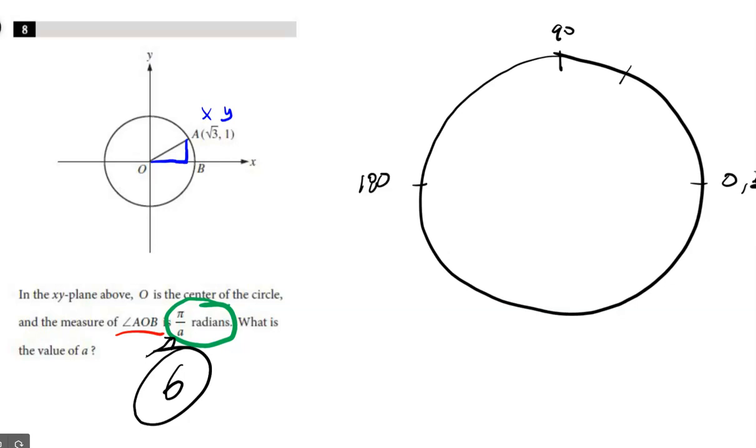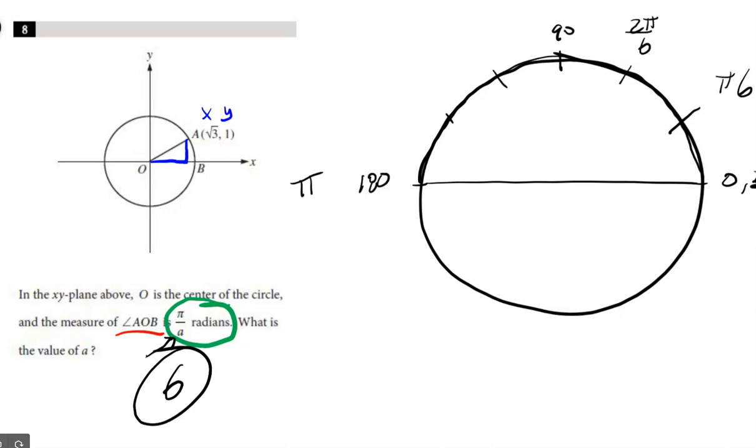And if you break those down a little bit more, if this is pi, then just this top part of the circle, from here to here, is pi radians. So this is 1/6 of a pi. That's pi over 6. This would be 2 pi over 6, or pi over 3, a third of a pi. And so when you're putting your degrees on there, that's 30, 60, 90, 120, 150. It's worth knowing these values, that pi over 6 is the same thing as 30 degrees. So just something that might help you later on.